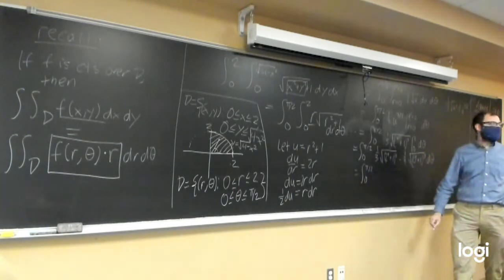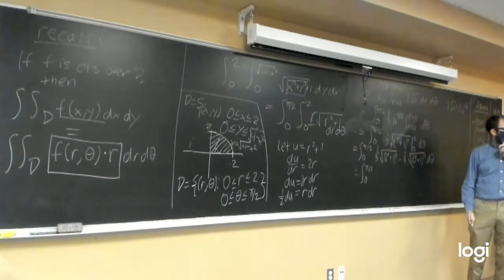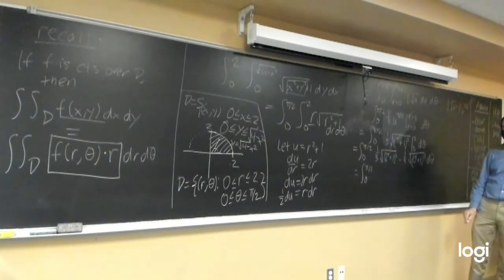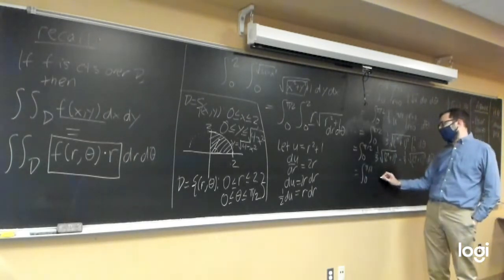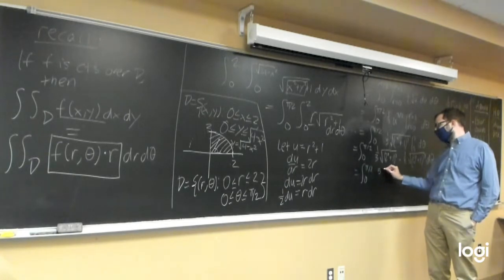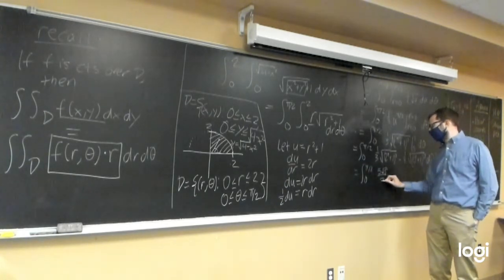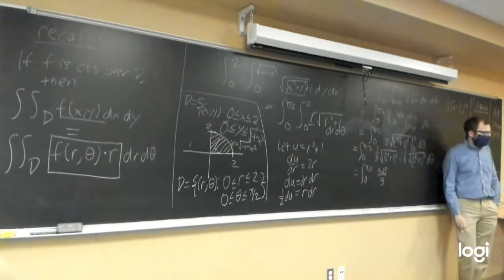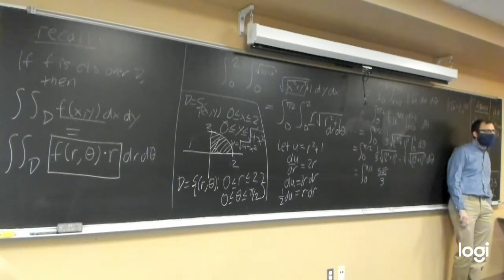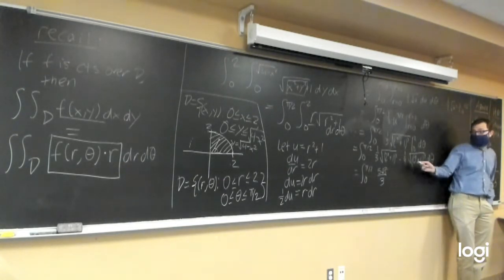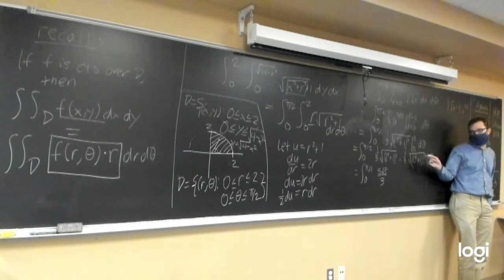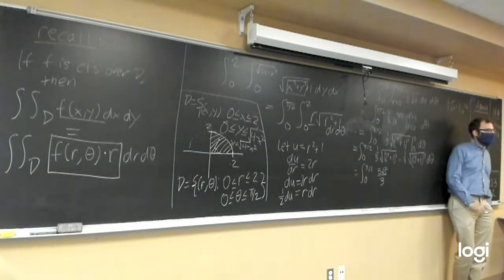Let's see, 2 squared plus 1 is 5. 5 to the 3/2 is going to be 5 square root of 5. This will be 5 square root of 5 over 3. Bennu, what would you get if we took 0 squared plus 1 cubed, square root of that?